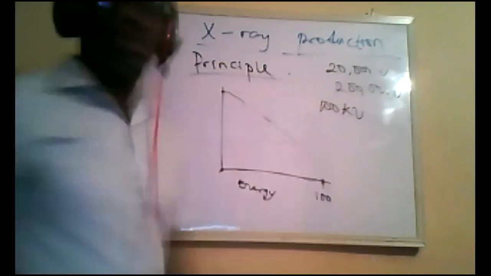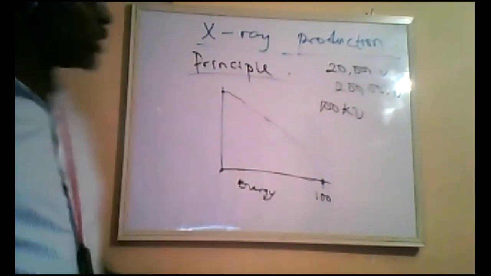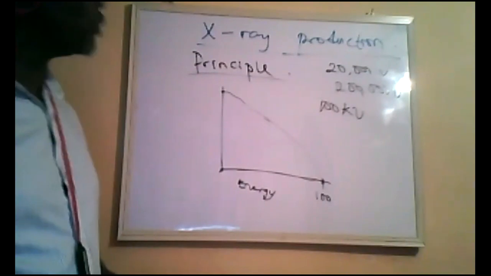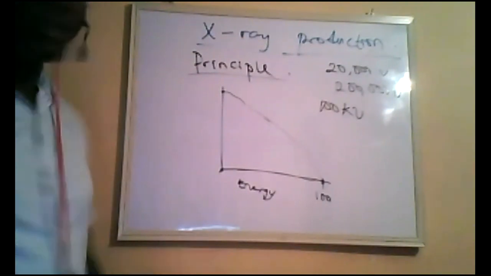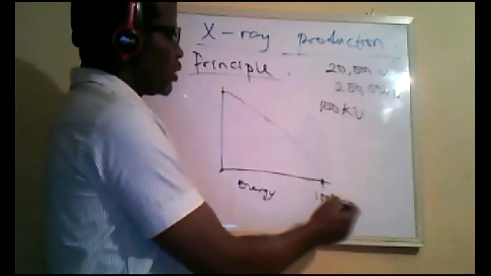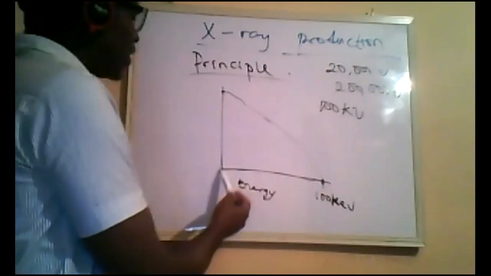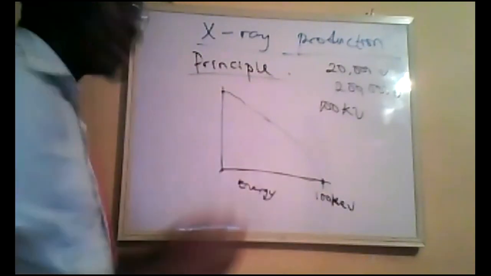That is the electron. The electrons are at a potential of 100 kilovolts. The maximum energy of the photon, any photon there, will be 100 kiloelectron volt. That's the maximum energy. It can have any energy from this range. This is the unfiltered section.